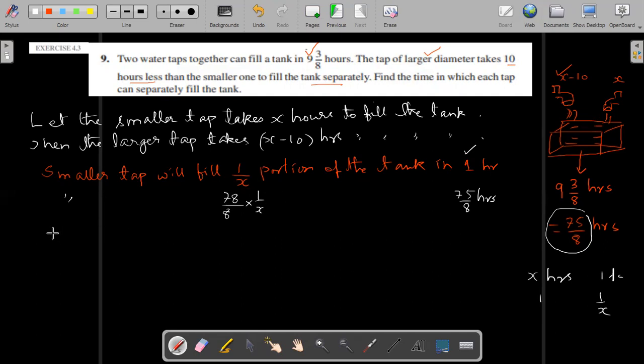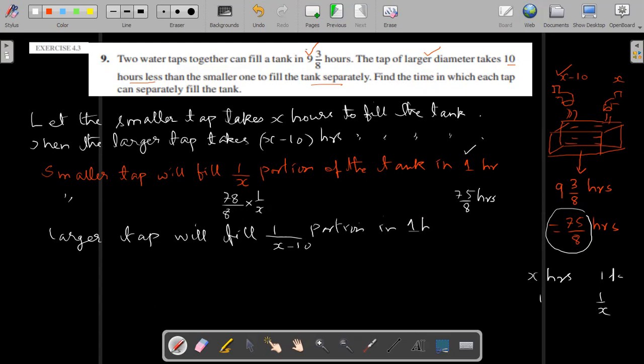Okay. Similarly, you can have the larger tap. The larger tap will fill, reciprocal, we have to take 1 by x minus 10 portion in 1 hour.